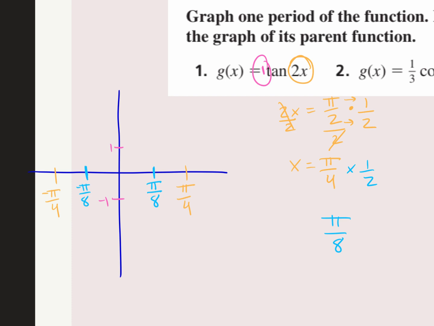Don't forget to draw your asymptote line. So we got a dotted line where our asymptote should be. And then we can put our key points on the graph. So I'm going to have 1 down low here, 1 in the middle, and 1 up high. And don't forget, your graph has a curve to it. It's not a straight line. That would be our tangent graph.